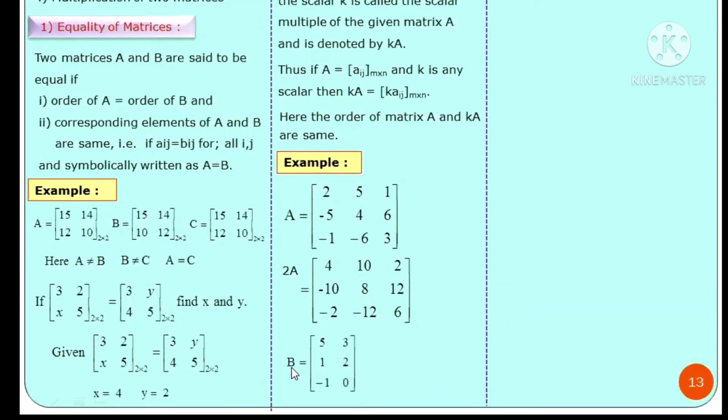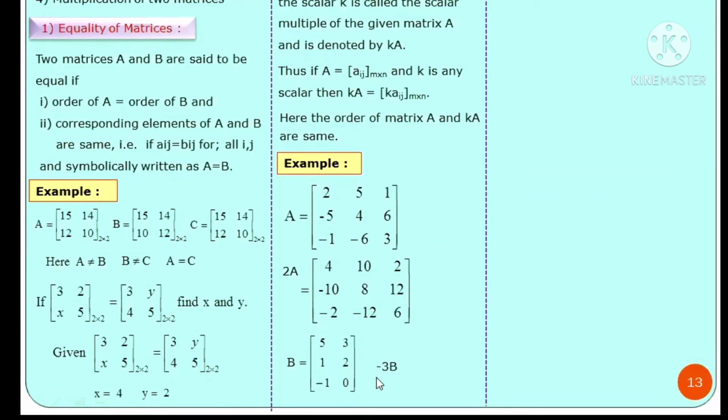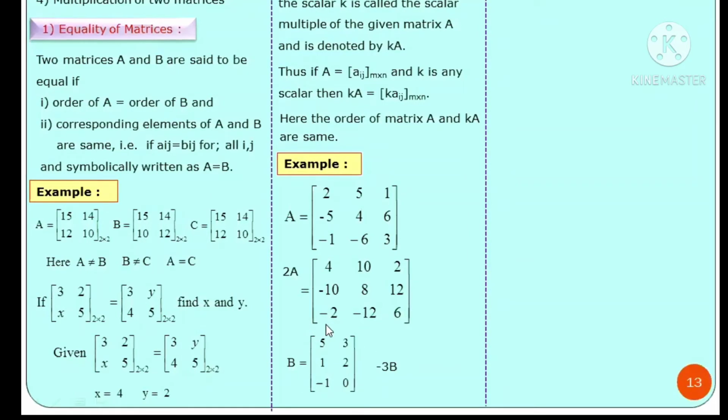One more example: matrix B is given here of order 3 rows and 2 columns, that is, 3 by 2. Find the value of minus 3 times B, that is, every element of matrix B is multiplied by minus 3.